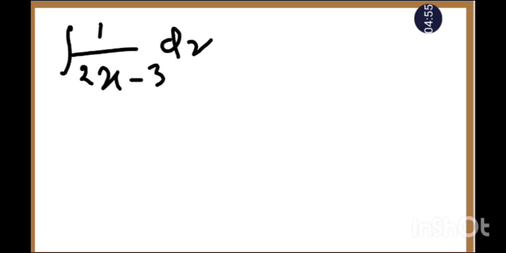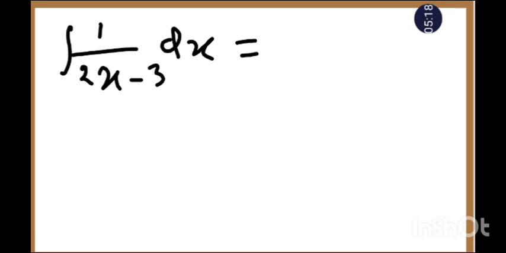Now let's look at another example. The integral of 1 over 2x minus 3 with respect to x. Let's look at this. This is a fraction. When you differentiate the denominator, you have 2, but at the numerator it is 1. How can I express this 1 in terms of 2?